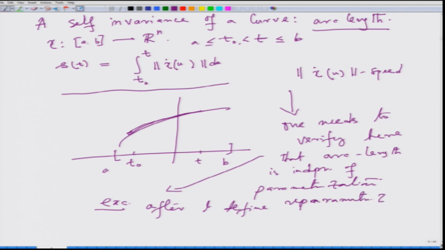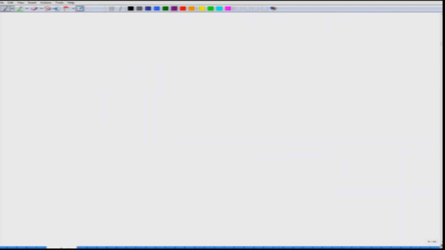That same curve, what does it mean by reparameterization? So, what is the reparameterization of a smooth curve, because we are dealing with smooth curves only. Okay. Here is the definition. Suppose I have a curve gamma from an interval [a, b] to R^n.